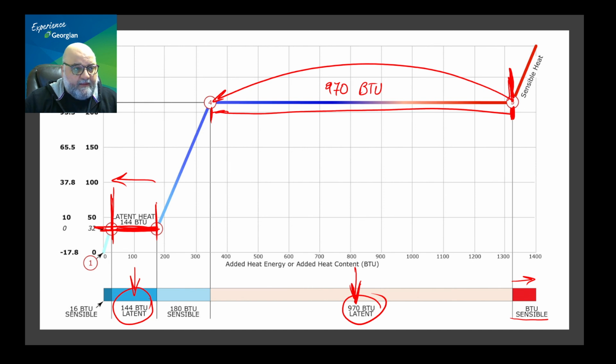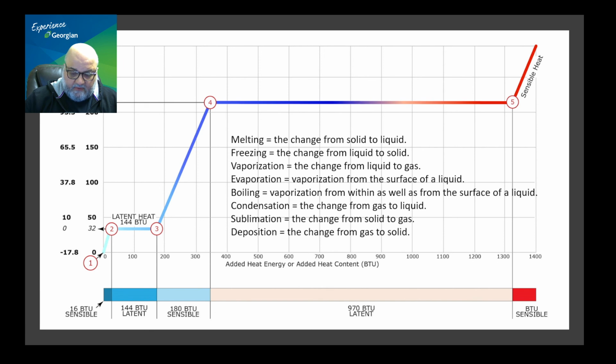All right. So I think it is worthwhile mentioning that melting and freezing are the opposite. Vaporization is the change from liquid to gas, and evaporation is vaporization from the surface of a liquid. Not very important. I will always use vaporization and evaporation interchangeably.